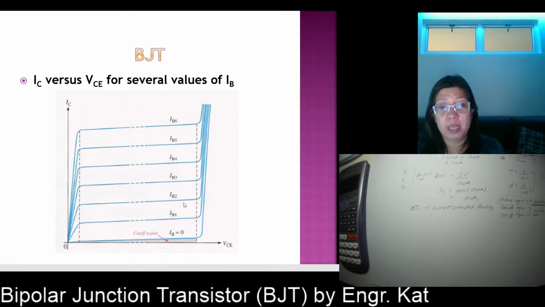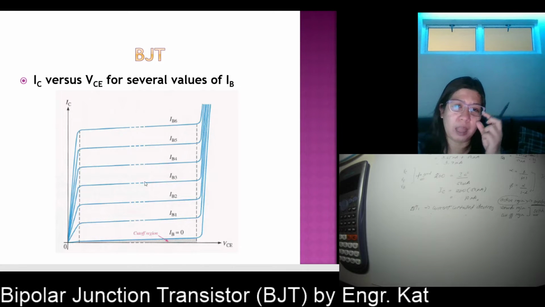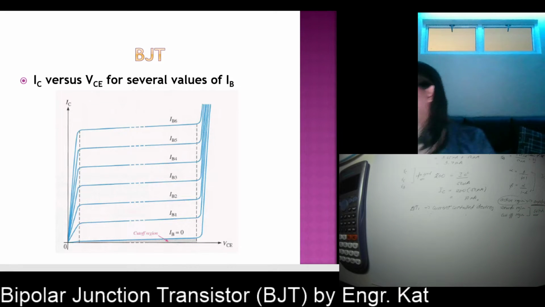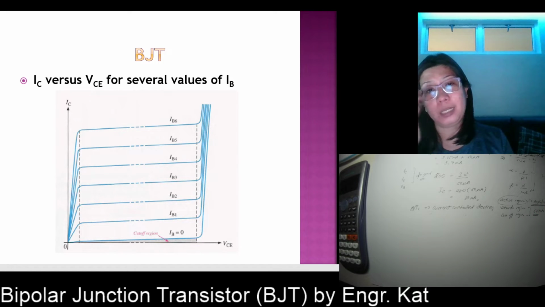As your IB increases, your IC also increases. Okay? But they are not equal. Why? Because IB is in the microampere range while IC is in the milliampere range. So this explains this relationship, and this is very important in our succeeding discussion. Okay?